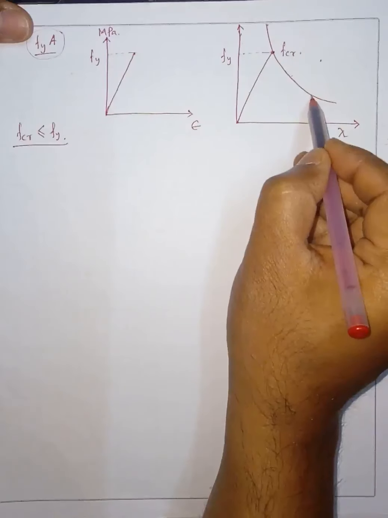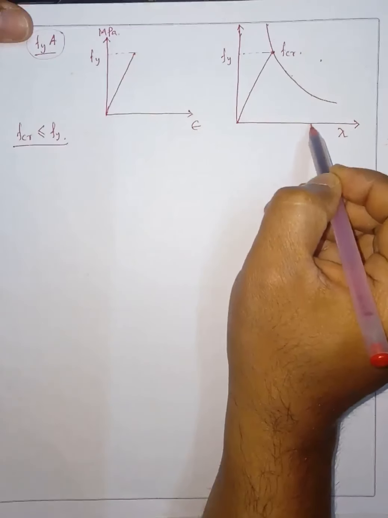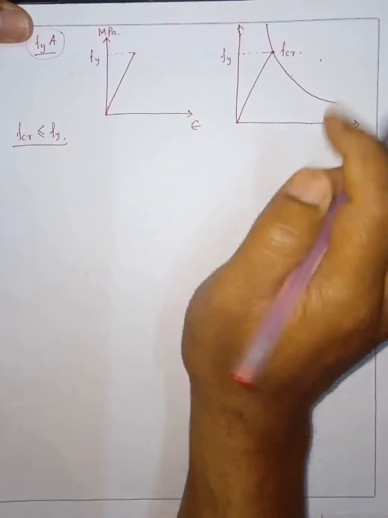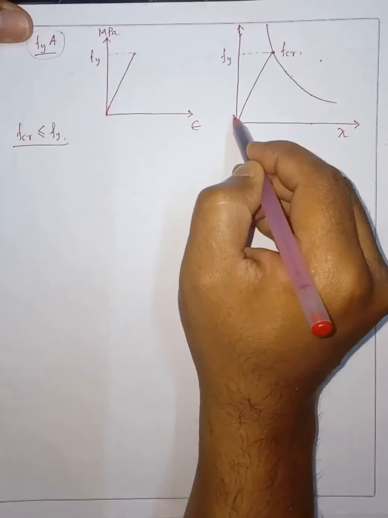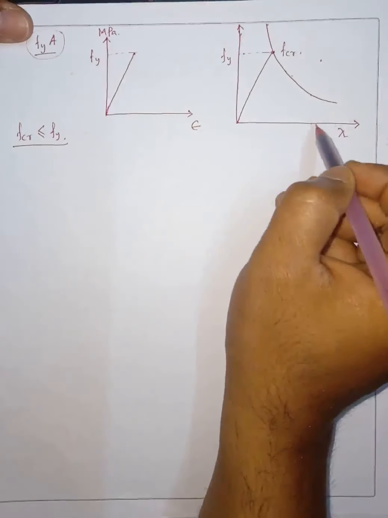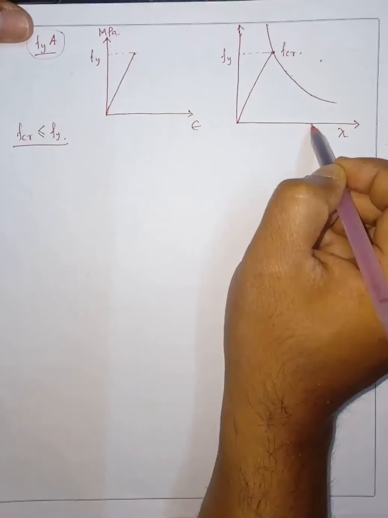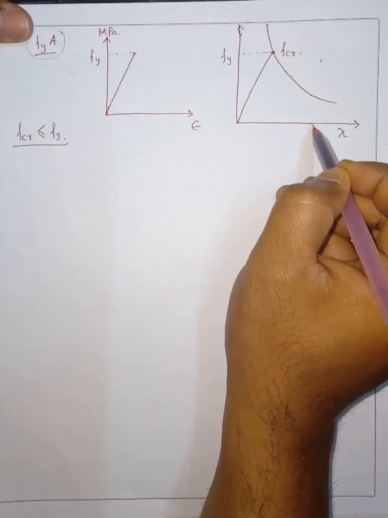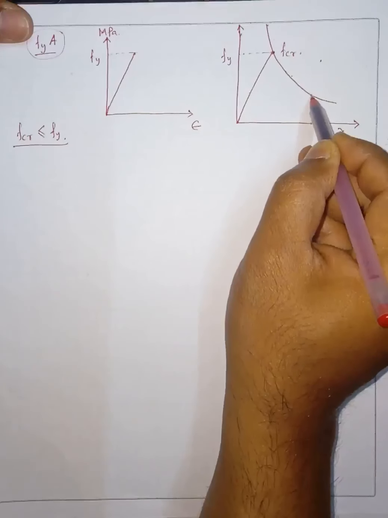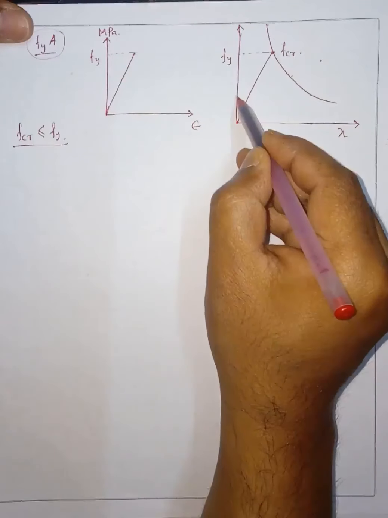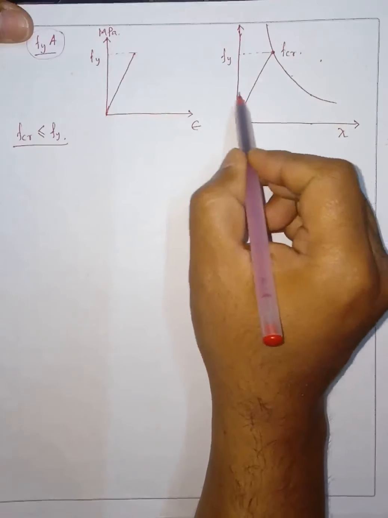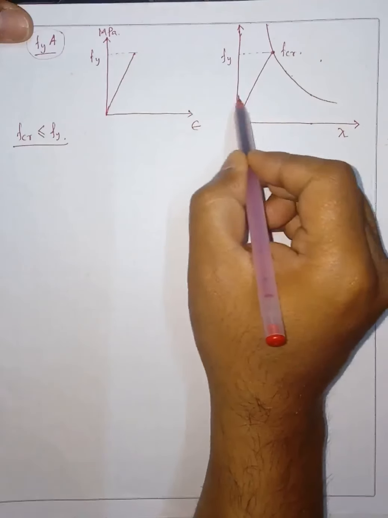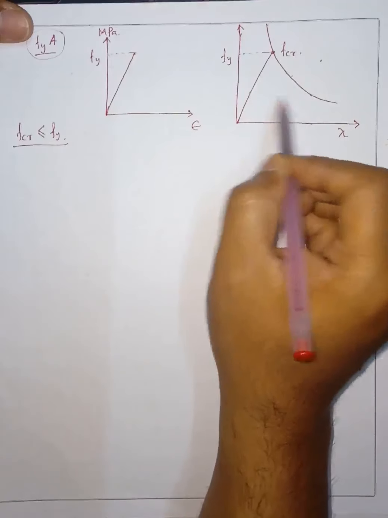If I select this point, it will have this slenderness ratio, and it will show you this much crippling load. If for any member the slenderness ratio is this amount, and I extend this line to this curve, it will give you a stress of this value. So for that slenderness, the member will fail at this stress, and that failure will be the geometric failure.